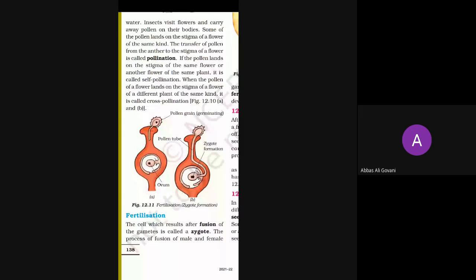Anyone can switch off the microphone and say what is pollination. Pollen grain to stigma, pollination.